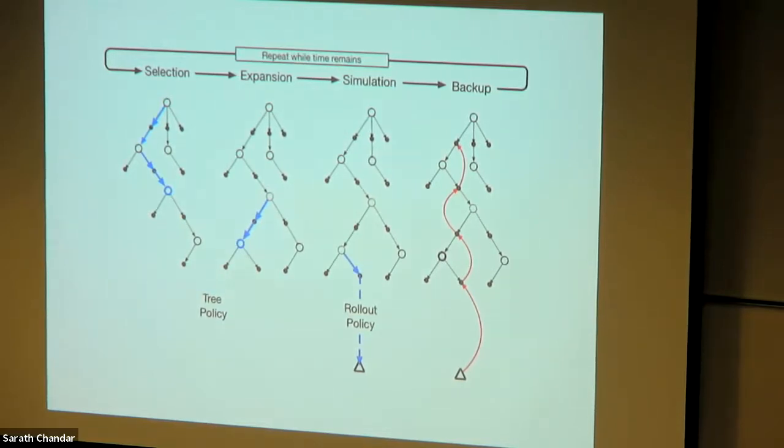Given the root of the tree, my tree policy will say you should go here, here, here, and here. The moment you reach the leaf, my expansion step will add the state corresponding to the action. There are many possible actions here, so you can do rollouts for that. Once you finish the rollout, you're going to back up the value all the way up.